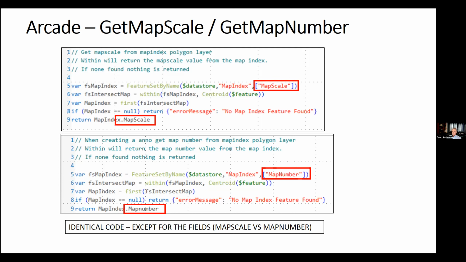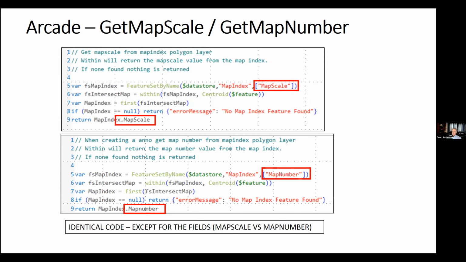Boy, just to reinforce that, you want to recognize that when you've got a feature set that you're calling either by feature class name, ID, or relationship class, or however you're calling that feature set, there are two different global variables you can put in there. You can either put $datastore, which is actually the data store location itself, or you can do $map if you're going to use this Arcade code for a pop-up and any of those components.